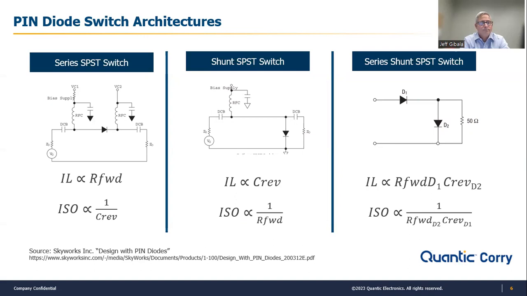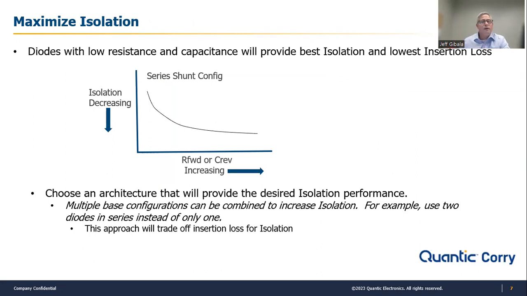Okay, I think I understand that. And how does all of this work to maximize isolation? Yeah, so diodes with low resistance and capacitance will provide the best isolation and lowest insertion loss. So there's a little graph here of the series shunt configuration.